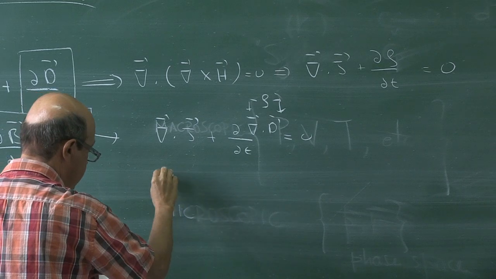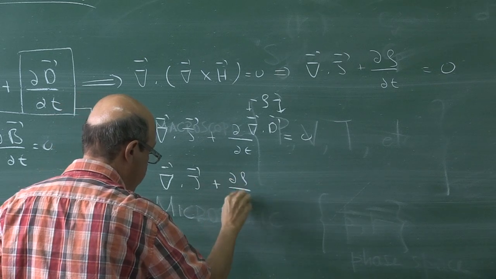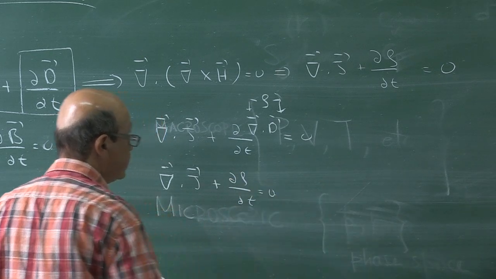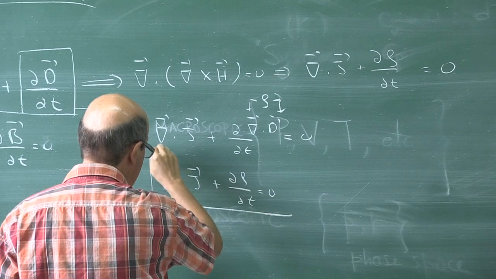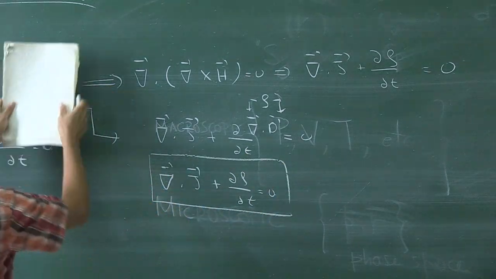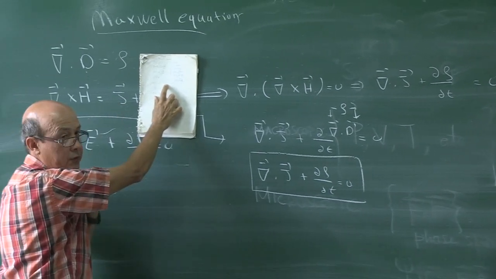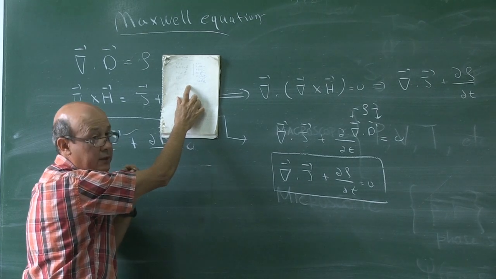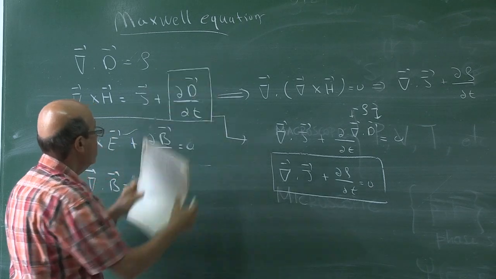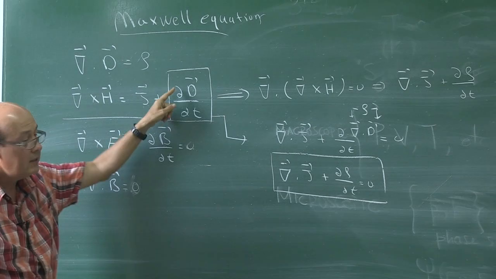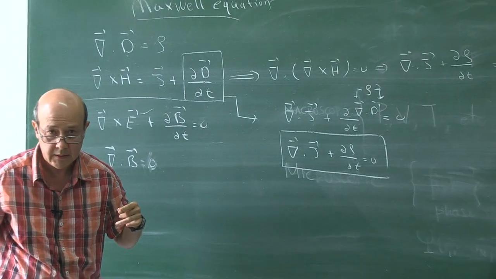This tells us that del dot J plus del rho over del t is equal to 0. So as you see, Ampere's law alone, where the source of the magnetic field is the current density, does not satisfy the continuity equation. Another source of the magnetic field is the change of the electric displacement in time.